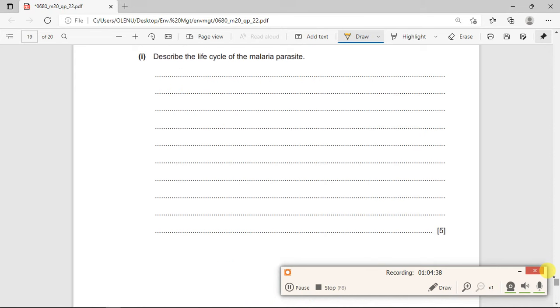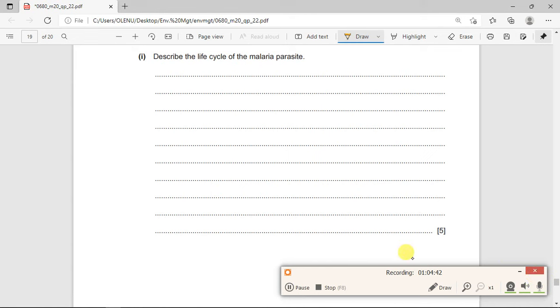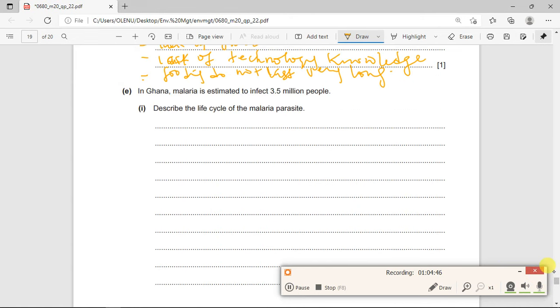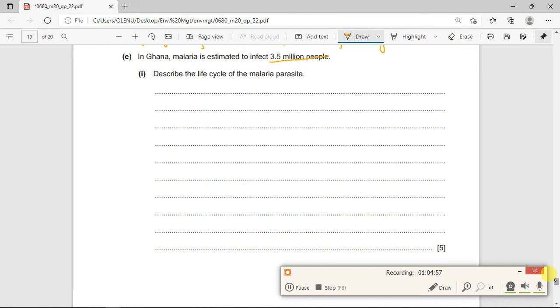Now, this question is quite descriptive. They say here, in Ghana, malaria is estimated to infect 3.5 million people. So now we should describe the life cycle of the malaria parasite. This is a 5 mark question.